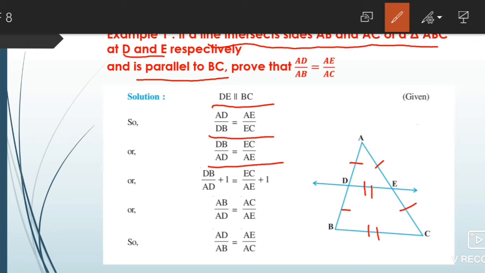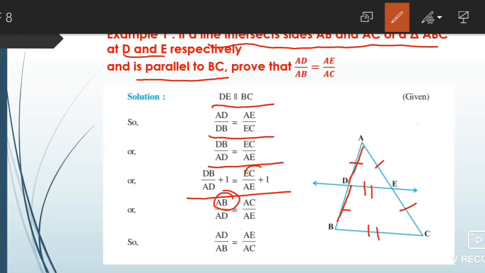That is DB by AD equal to EC by AE, and you will add 1 on both sides. After taking the LCM it will be DB plus AD by AD and EC plus AE by AE. Now DB plus AD is equal to AB, that's why in the numerator I have written AB.